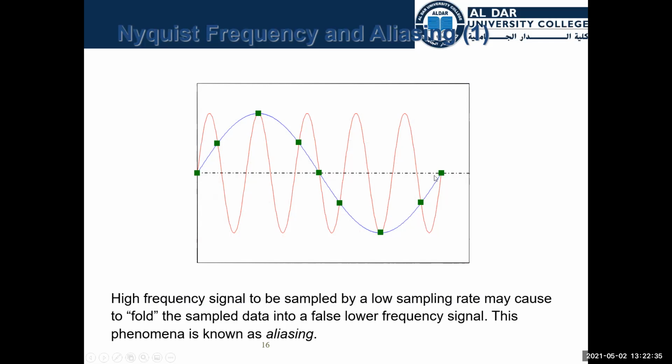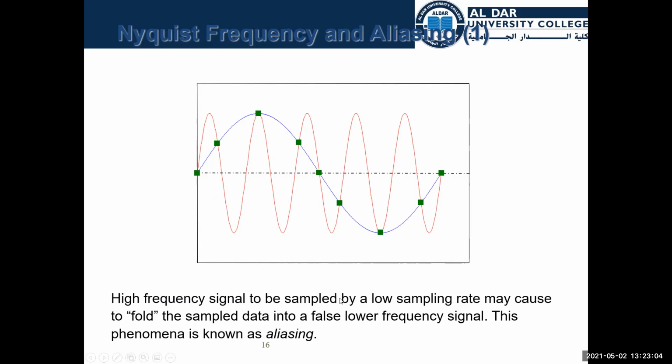If this is 1 second, we have 1, 2, 3, 4, 5. This is 5 hertz, and the resulting signal is 1 hertz, just one cycle per second. That's why we say this lower frequency sampling is not good. We should sample at double the frequency: if this is 5 hertz, we should sample at 10 hertz.